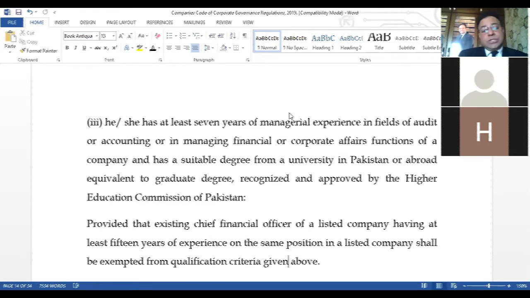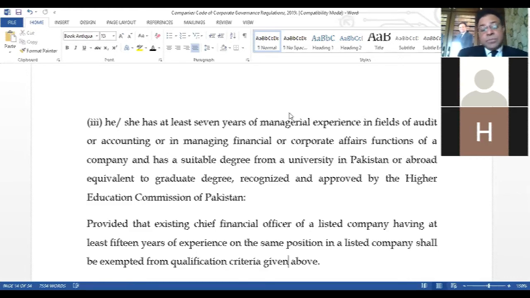So this is the reason that even the experience is equated with certain levels of qualifications, because through experience you do learn the niceties which are meant for running the affairs, which are meant for making the listed companies up to the mark, up to the requirement, which are meant for ensuring that the listed companies are performing in a manner which is conducive, which is congenial, which is beneficial for the stakeholders.